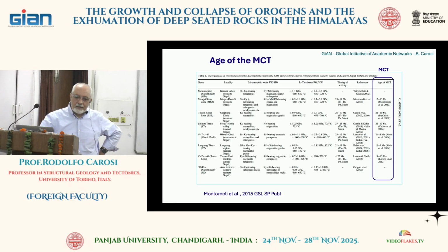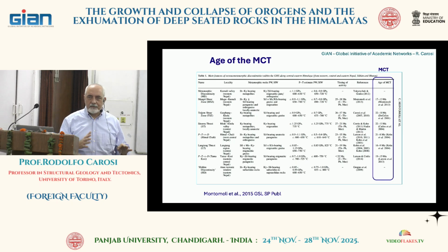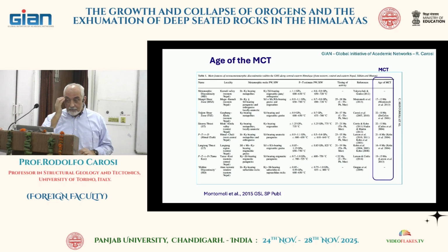In the paper by Godin and others, 2006, in a special publication of the Geological Society of London, a very, very nice volume, they put ages in between 25 and 16 million years. But probably not all these ages are related to the Main Central Thrust. These are probably a little bit less accurate.